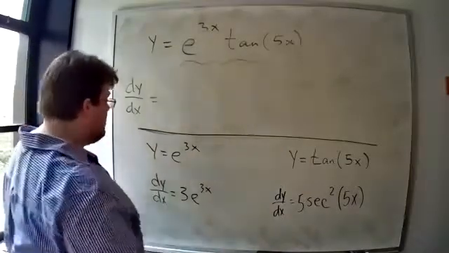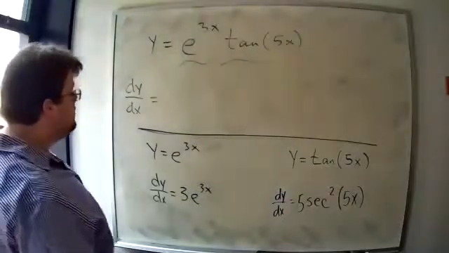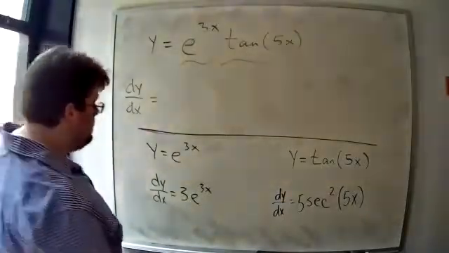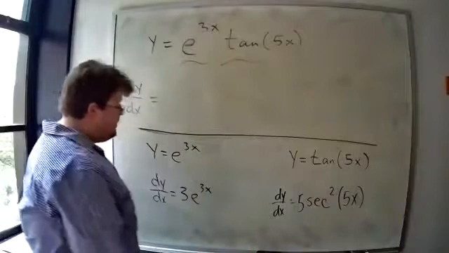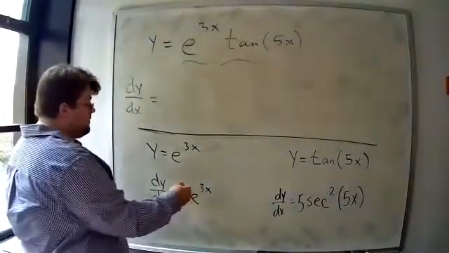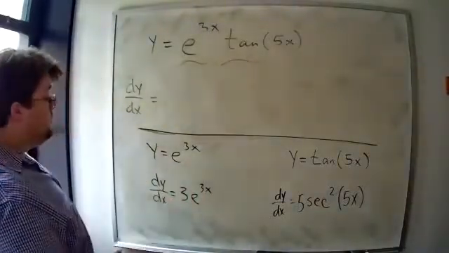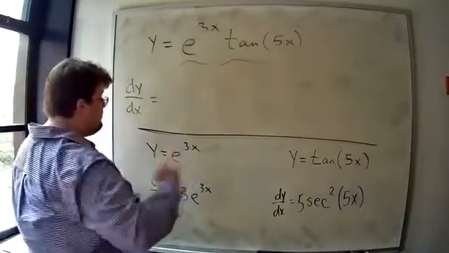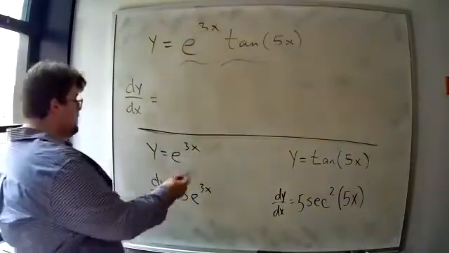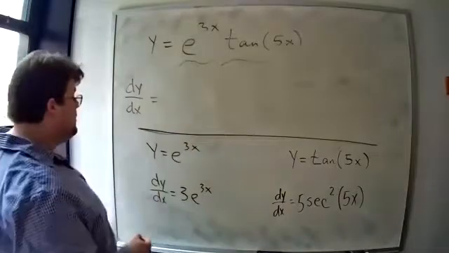Yeah, we applied the derivative of the exponential. So the derivative of e to the x is itself, and then we multiply by the derivative of 3x. Here, this is not a power function. This is an exponential function. We have e with x's in the exponent.